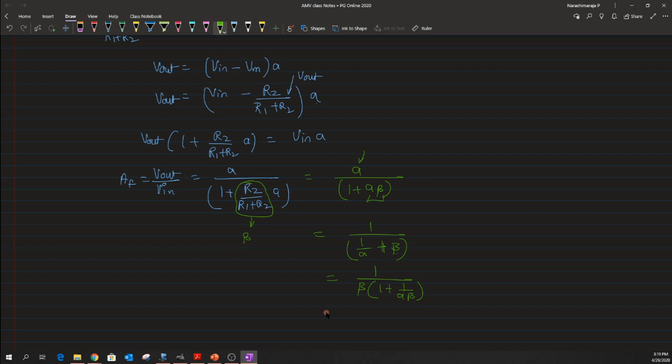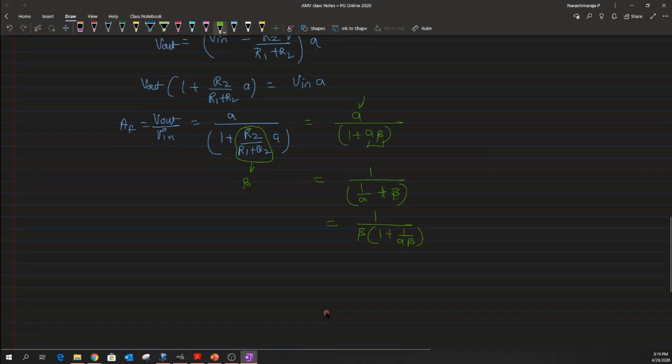And now there is something that we have to think about in this factor. If the value of A beta is much larger than 1, then this ratio 1 upon A beta would be much smaller than 1.